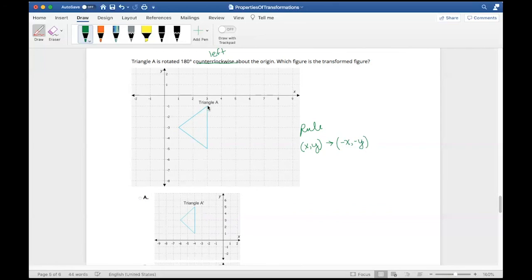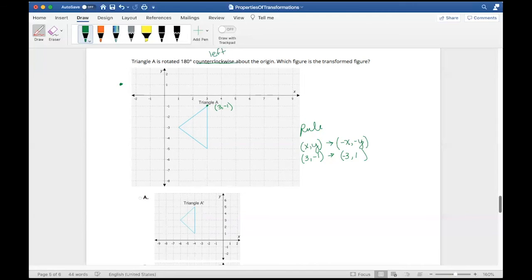So like if I pick one point here, 3, -1, the X and Y stay in the same location, they just become the opposite. It'll end up -3, +1. So I would end up -3 over here, +1. So it just confirms that, yes, my shape should be up here in that quadrant.